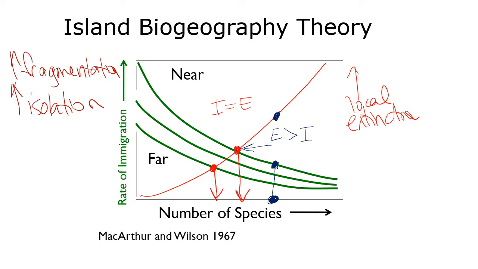Well, let's say the opposite occurs. Let's say a hurricane happens and the number of species drops down to a lower number than the equilibrium. At this low number, my immigration rate is much higher than my extinction rate for this one island. And so if immigration is greater than extinction, then I'm going to have my number of species increase until we get to the point where they're equal.